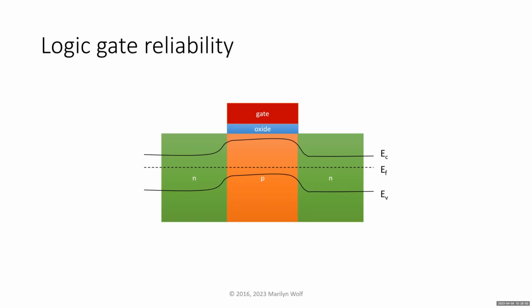So if we want to move an electron from, say, the right-hand region through the middle P channel over to the left-hand region, you can think of having to get over energy barriers in order to move that electron from where it is to where you want it to be. Okay? So on the one hand, those barriers mean it's going to take time to get the electron moving, because it takes time to move those energy bands.